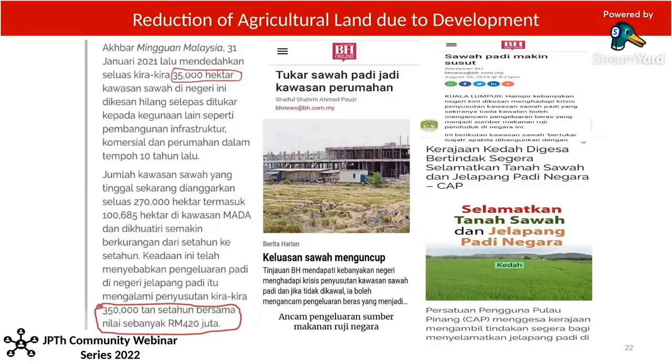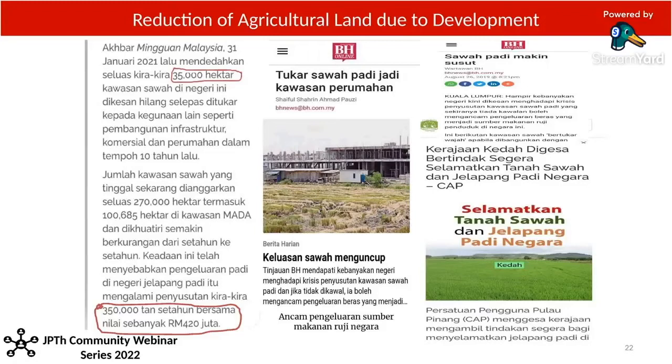Okay, we also have the issue of reduction of agricultural land due to development. In this news clip, about 35,000 hectares of rice land were lost to infrastructure, townships, and commercial development in the past 10 years.